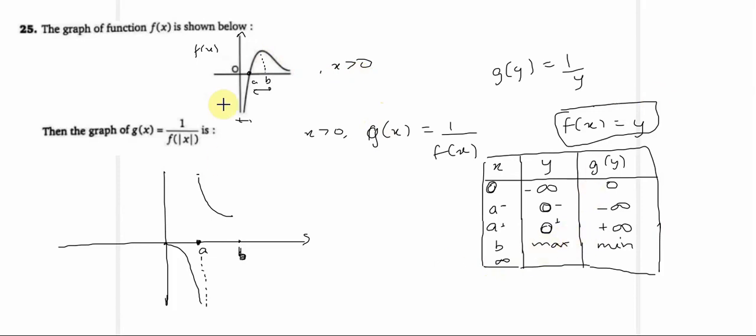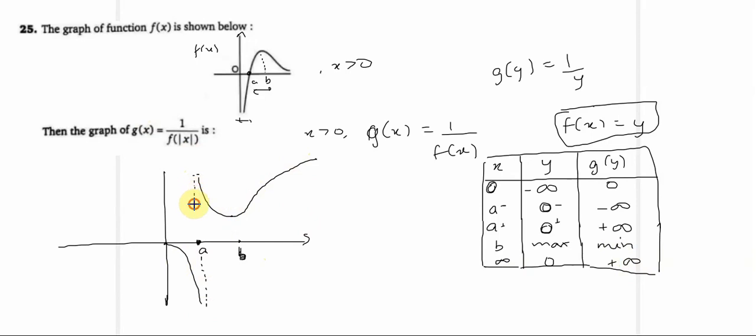And now at infinity you have y slowly going to 0. So it's positive, so you have g of y going to positive infinity. So this is a minimum, and slowly it again increases, it goes to infinity. So this is how the right hand side of the graph looks.